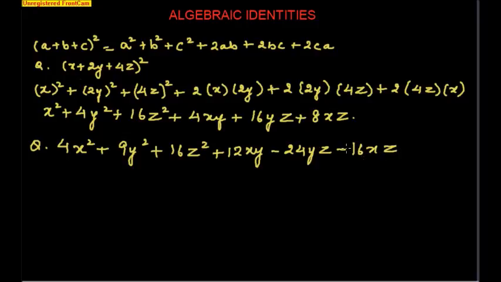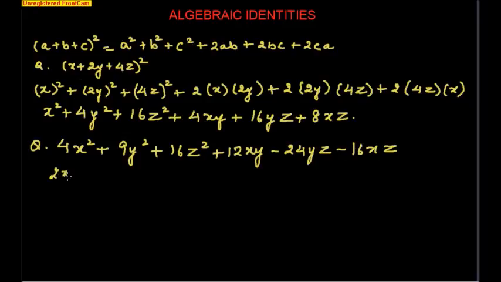That means there is one term, either b or c, which has a minus sign in front of it. So let us see. If you see this term, it has y into z. So either the y term or the z term, either of them has a minus sign. And if you see the last one, you get x and z. The common one out of these two is z, which shows that z has the minus sign.